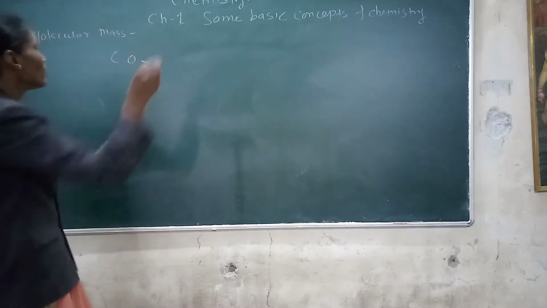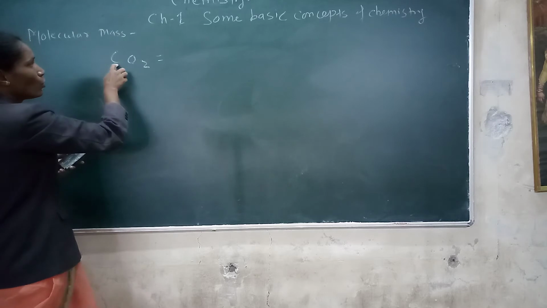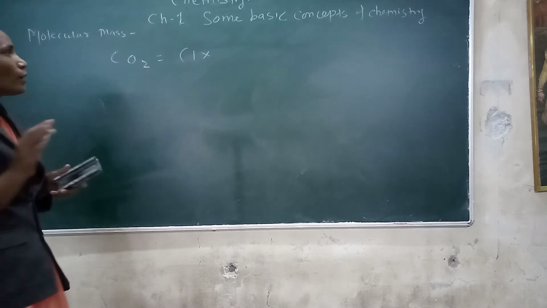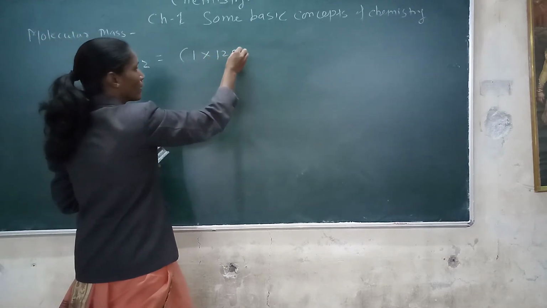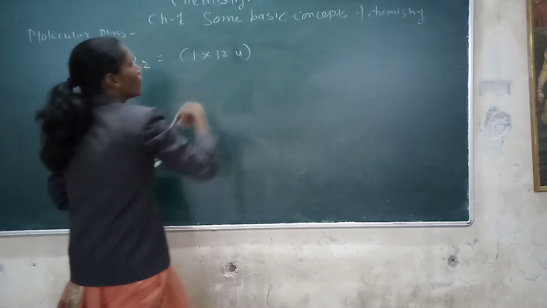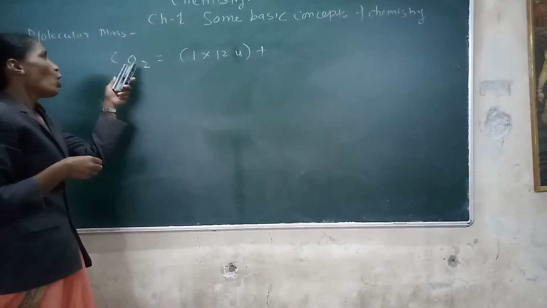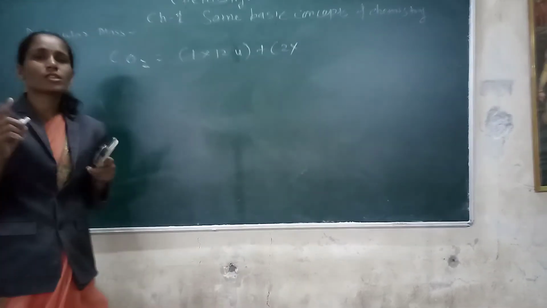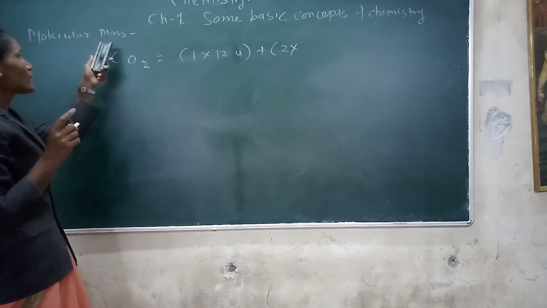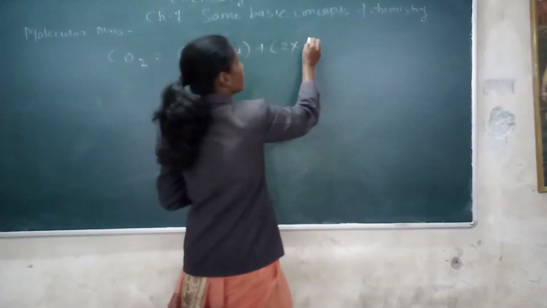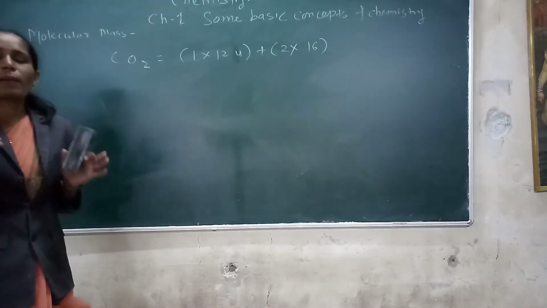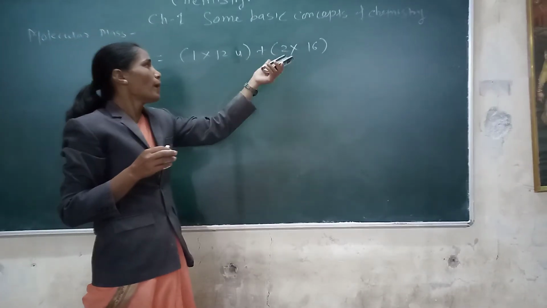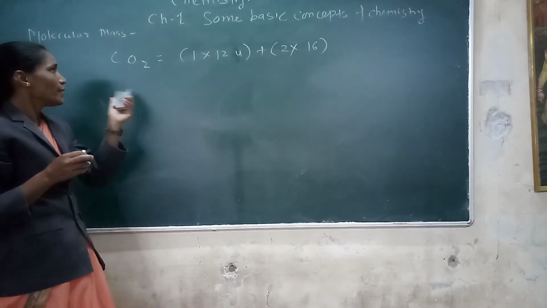In the formula of carbon dioxide, one carbon atom means 1 into carbon having atomic mass 12 gram or 12 unit, plus 2 oxygen means 2 into 1 oxygen having atomic mass 16. The molecular mass of an element or compound is the summation of the atomic masses of the elements present in the compound.